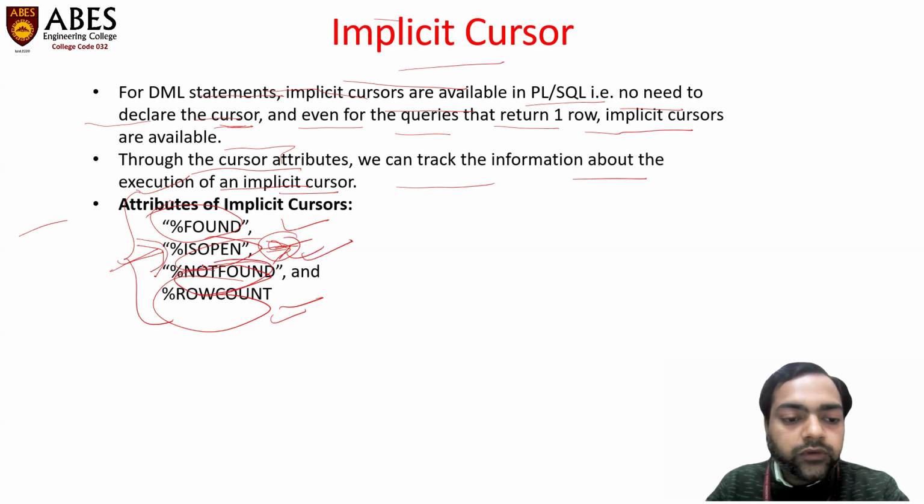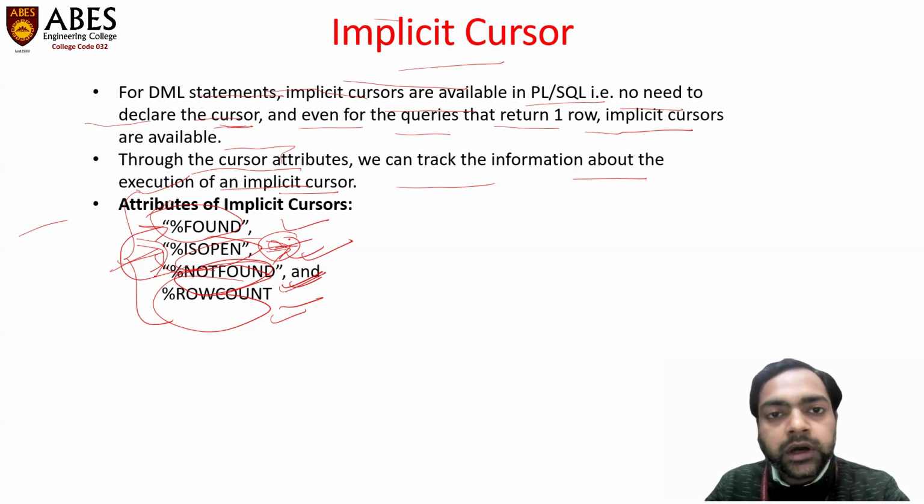Now, next we have the not found attribute. So basically, this will be the opposite of the found attribute of implicit cursors, and basically its result is true for any particular DML statement, whether it is an insert, update, or delete statement, which affected no rows, and by default its value is false.